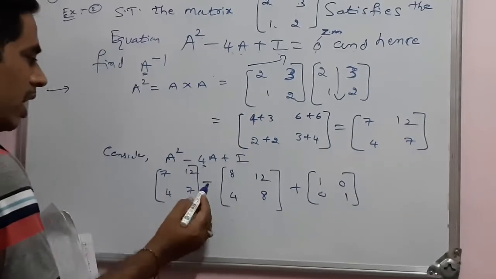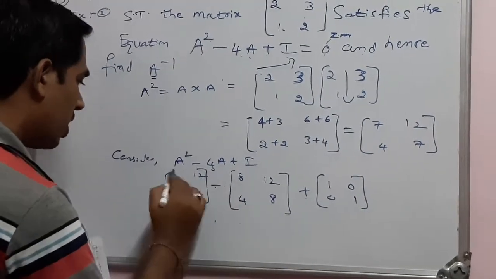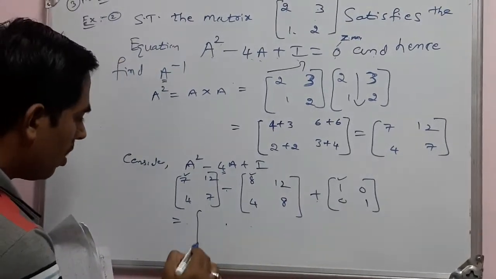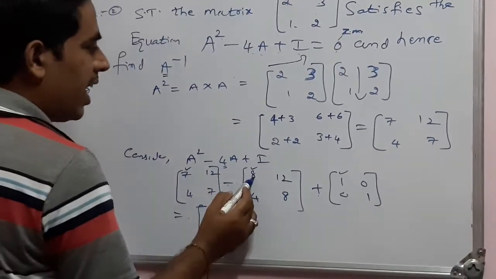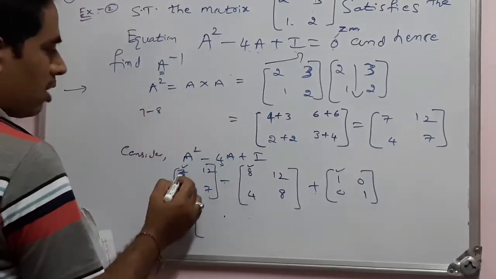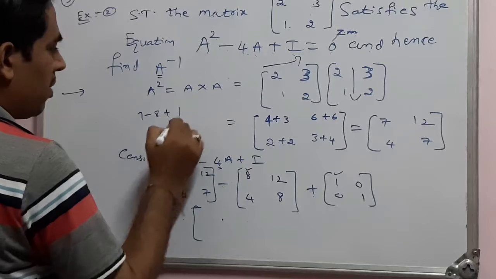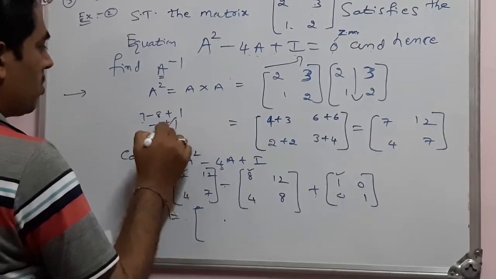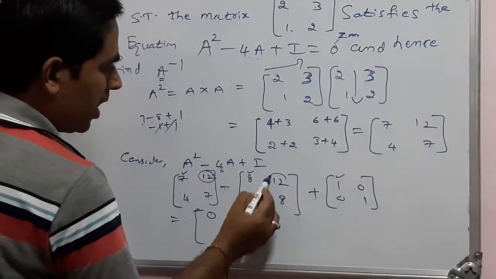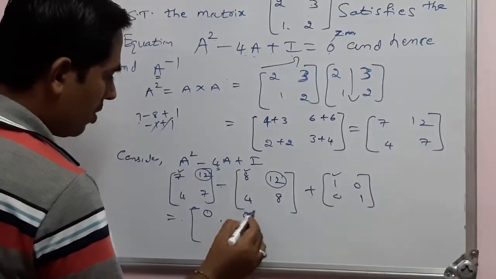This is subtraction, this is addition, so we have to consider the corresponding elements. I am marking here: 7 minus 8 plus 1. 7 minus 8 is minus 1 plus 1, that will be 0. Then 12 minus 12, 0 plus 0, that is 0.